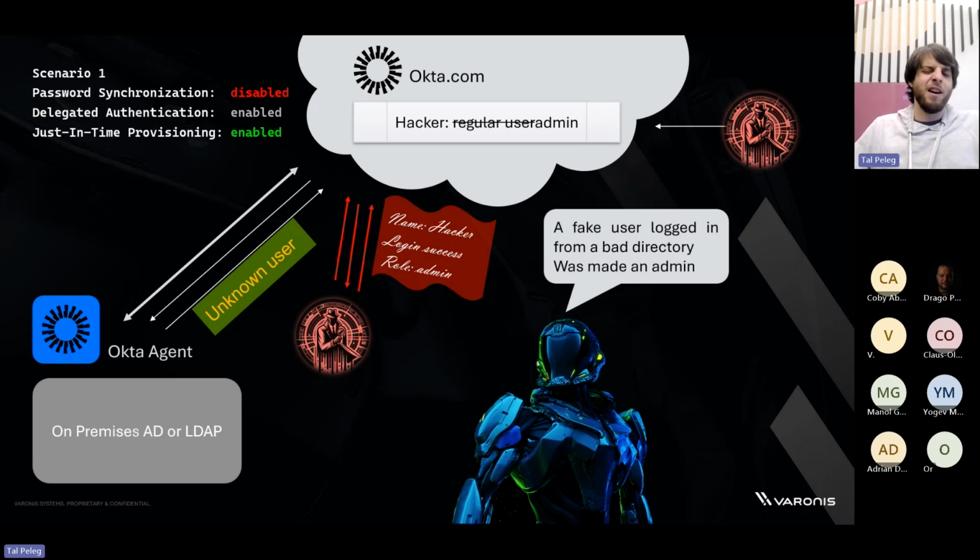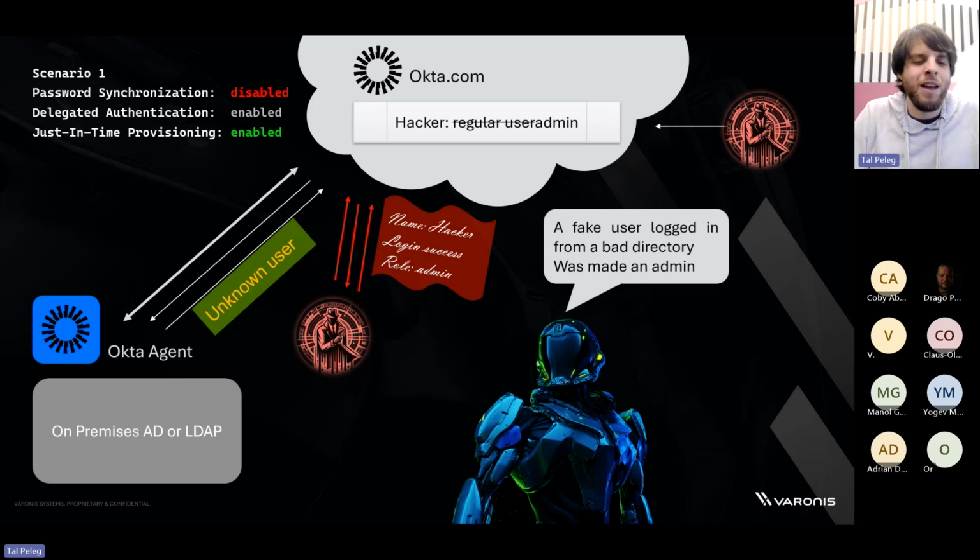Another thing that would arrive are users that don't exist in Okta. With delegated authentication only, the user needs to exist and be mapped to the Active Directory inside of Okta. But with just-in-time provisioning, users can log in for the first time directly to Okta, and Okta will verify that they exist in the Active Directory and create a user for them inside of Okta.